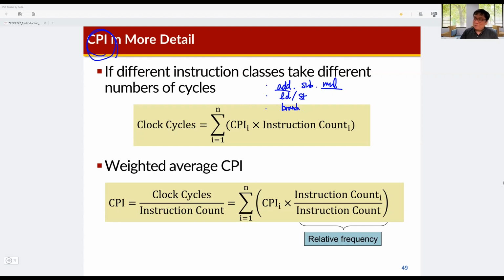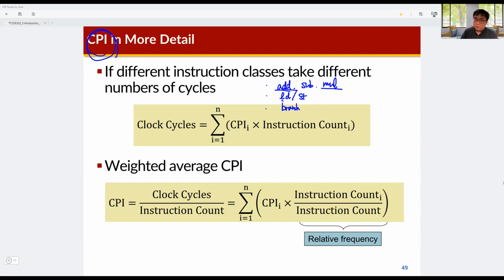It's the same for the computer hardware. Implementing multiplication is more complex than implementing addition. So that means the multiply will take more cycles than the add instruction.